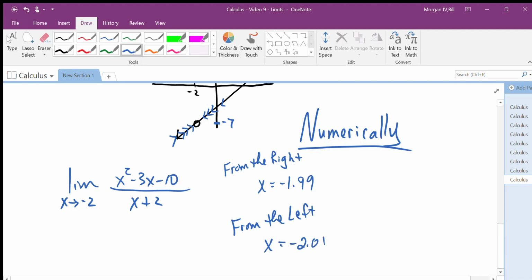And we plug those numbers into the function, approaching negative 2 from the right or left. We have negative 1.99 squared minus 3 times negative 1.99 minus 10. Let me grab my calculator.